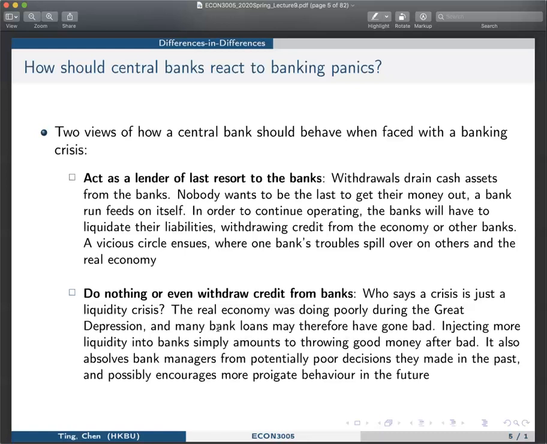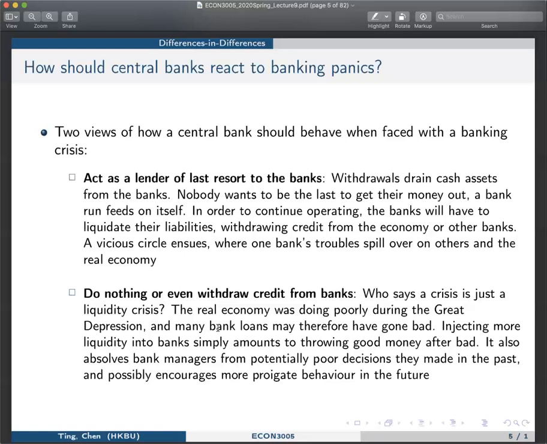Because normally a financial crisis is also a crisis of confidence of investors. So whenever you face a financial crisis, the investors, so as to avoid loss, will try to withdraw money.